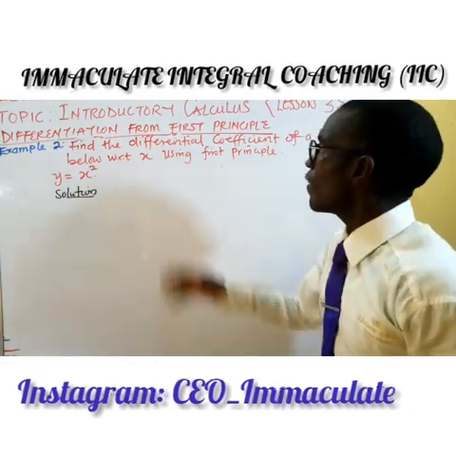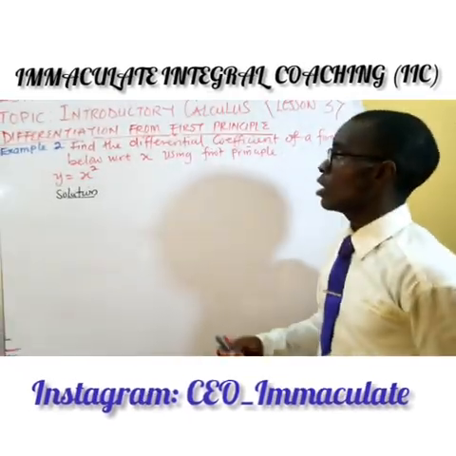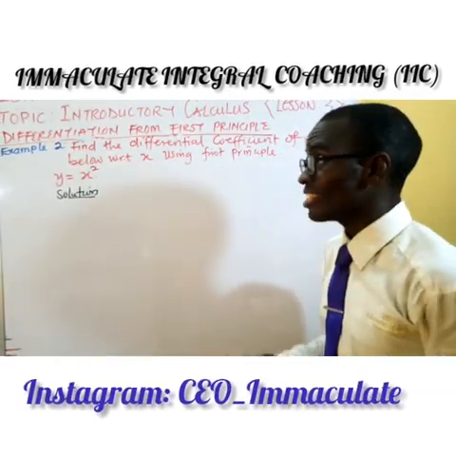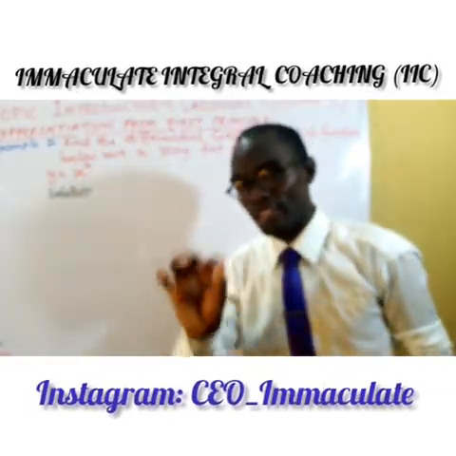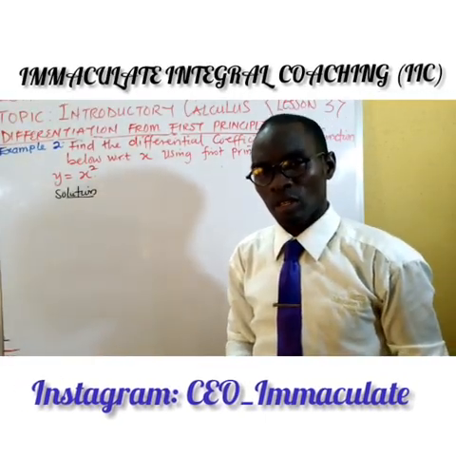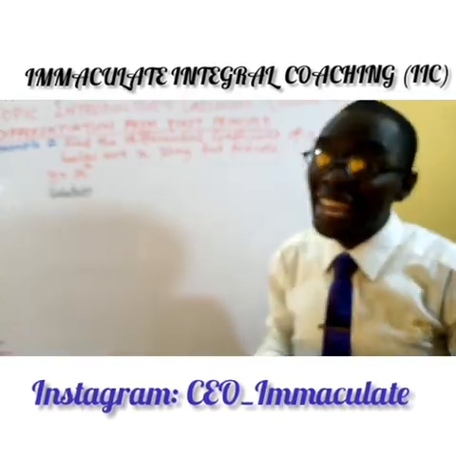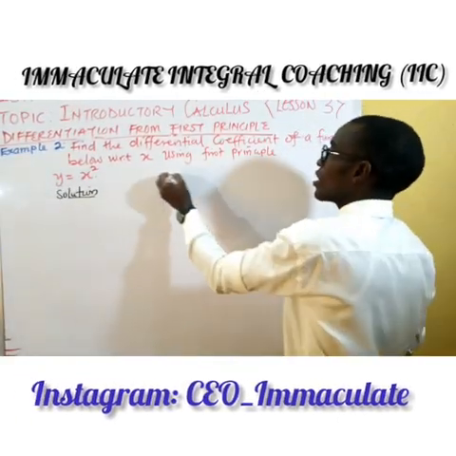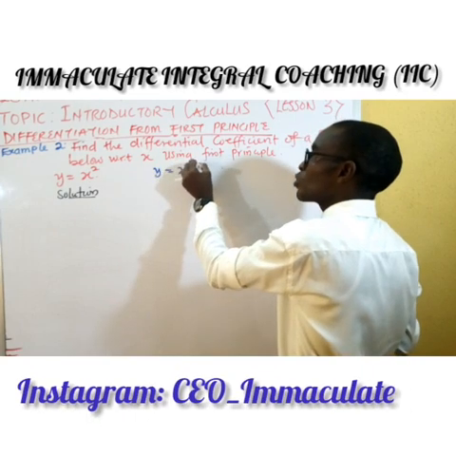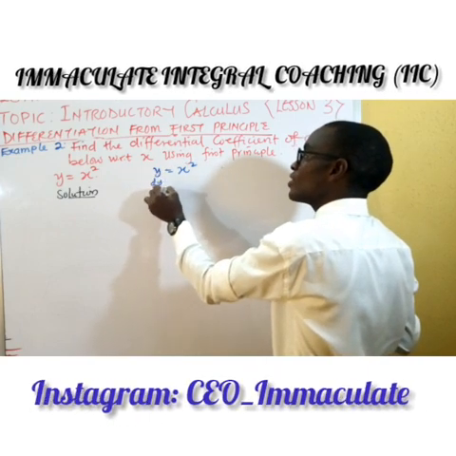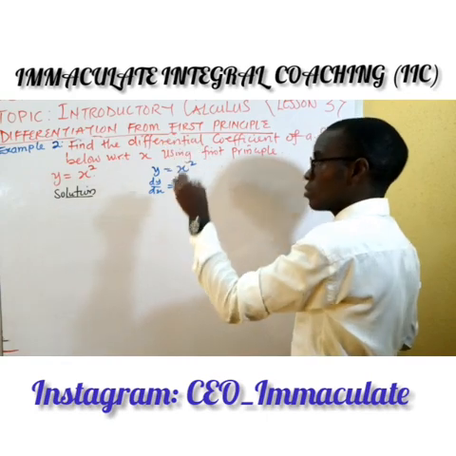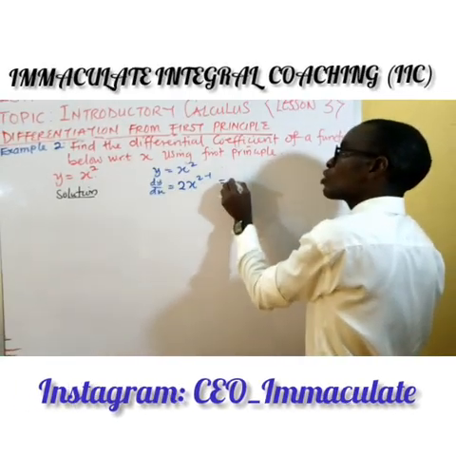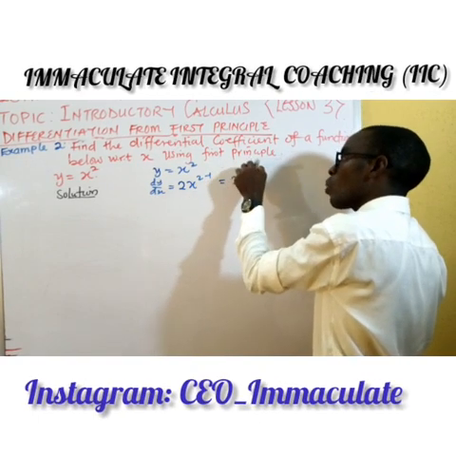Example 2. Find the differential coefficient of the function below with respect to x using first principle. Look at this now. y equals x squared. So if I have to apply the general rule, I'll just say that y equals x squared, dy/dx equals, the 2 will come down, 2x to the power 2 minus 1, which is equal to 2x. 2 minus 1 is 1.